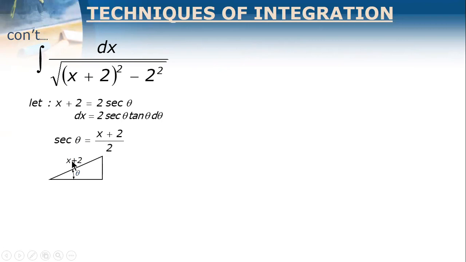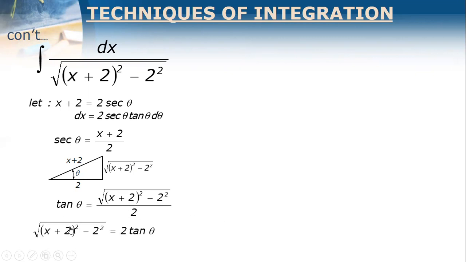So x plus 2 is the hypotenuse, 2 is the adjacent, and the opposite side is the square root of x plus 2 squared minus 2 squared. So we already have secant theta. Next, we have tangent. Tangent theta is the square root of this over 2. And cross multiply, we have this.